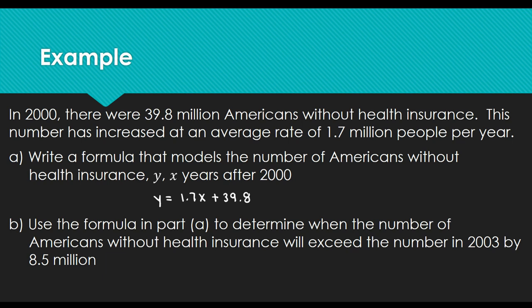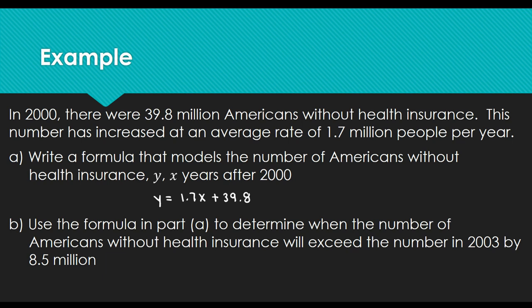So now that we have that formula, it says use the formula from part A to determine when the number of Americans without health insurance will exceed the number in 2003 by 8.5 million.